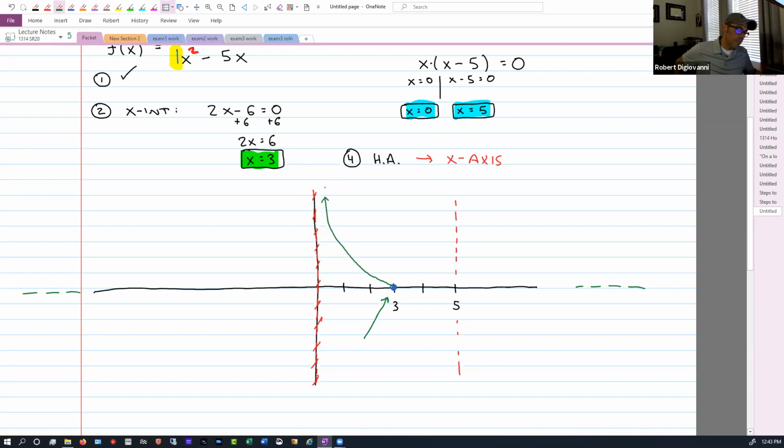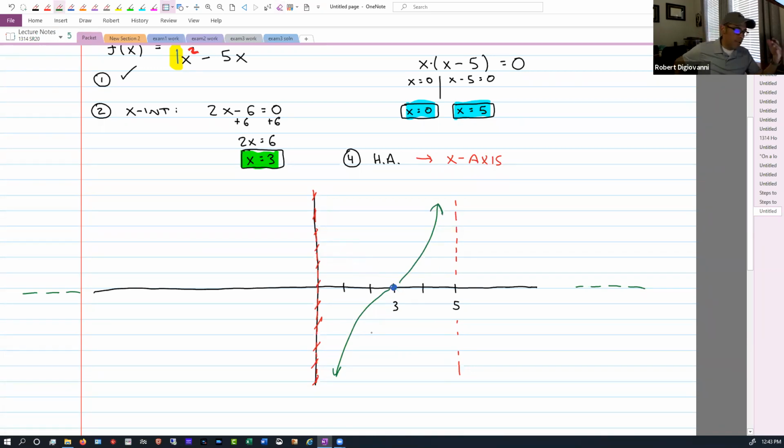Right? But on the right side, it could do like that. It could also do this, the opposite way. This side down and this side up.